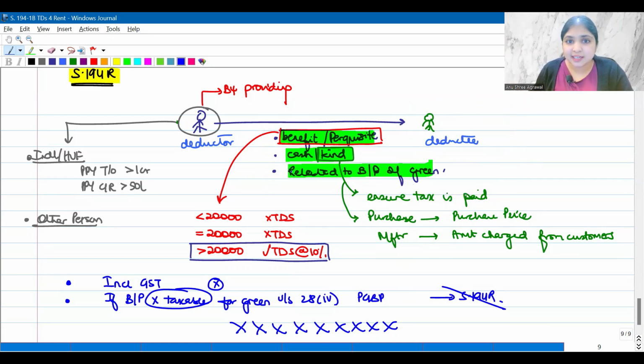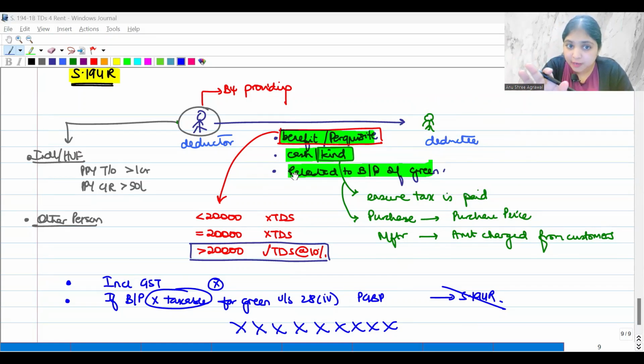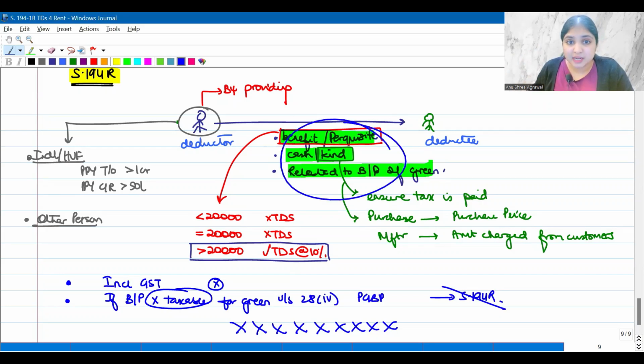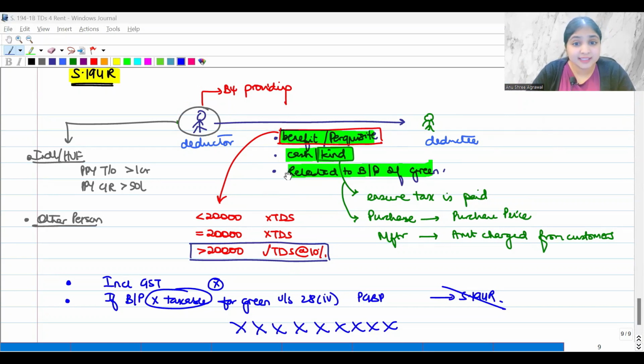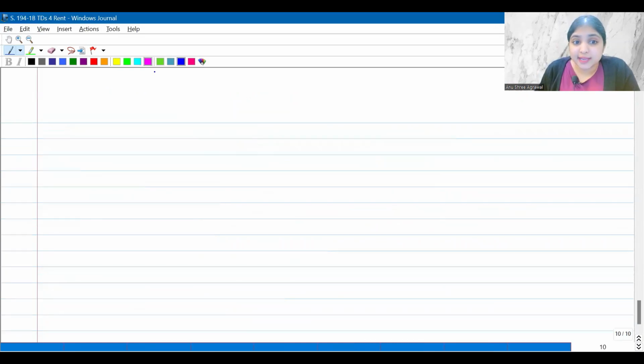As soon as these 3 conditions are fulfilled, welcome to 194R. Blue does not have to take the headache of checking whether this benefit or perquisite is taxable for green under 28.4 or not. It doesn't even matter. Blue will have to deduct tax under 194R if all these conditions are fulfilled. Understanding, everybody? Then listen to the next point.